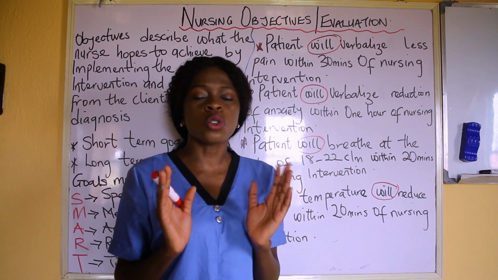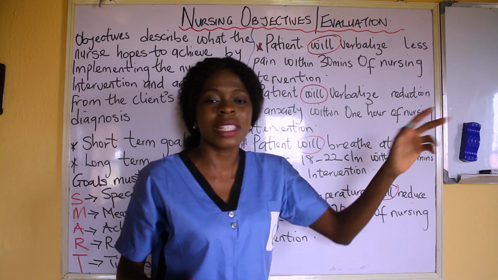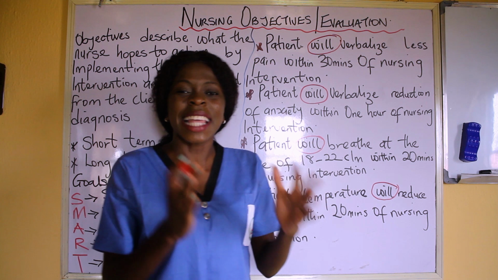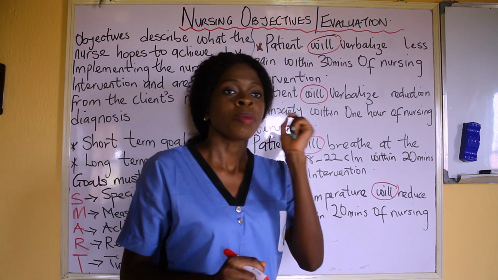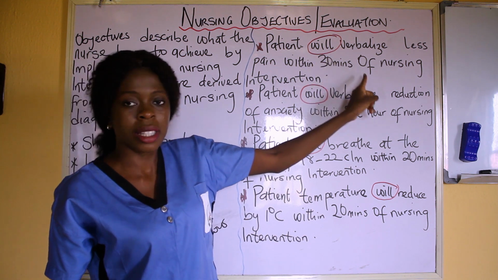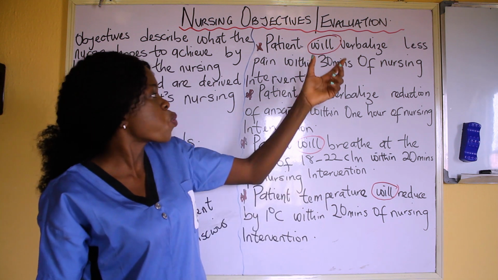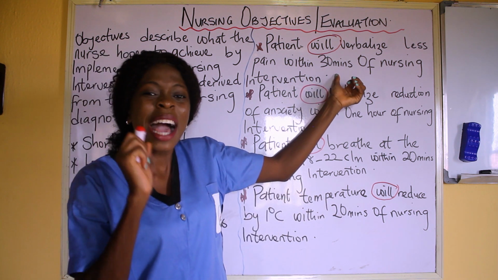And sometimes most students get confused. Am I to write within 30 minutes of nursing intervention or after 30 minutes of nursing intervention? Let me explain. In your objective, you wrote within 30 minutes, right? So in your evaluation, you are free to write within 30 minutes, not after 30 minutes.